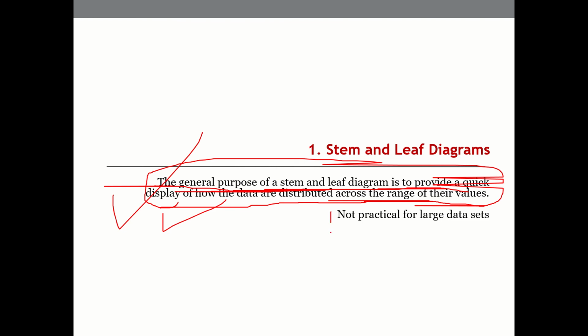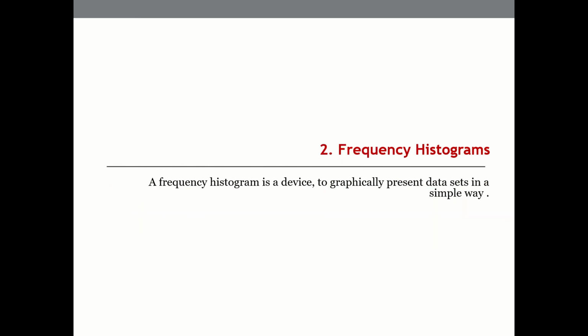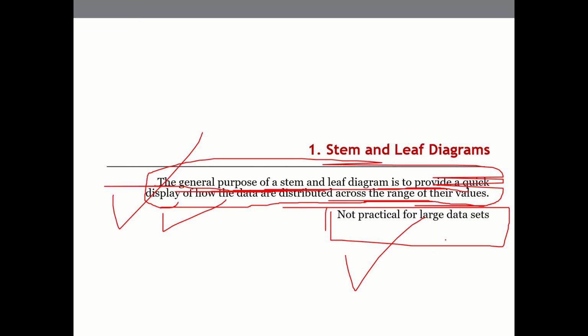Like I told you, this is not possible for large data sets. If you have a simple set, let's say 20-50 samples, then it is possible to make quick judgments or quick interpretations based on the results we have in hand. So this is one way of putting the data set into a picture.